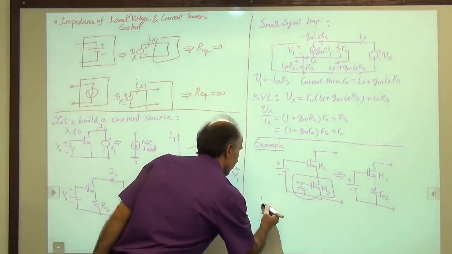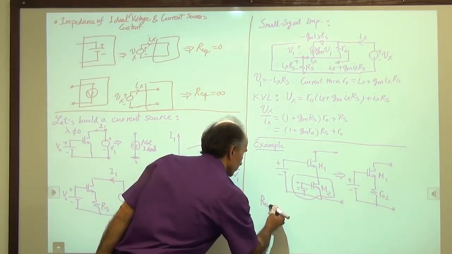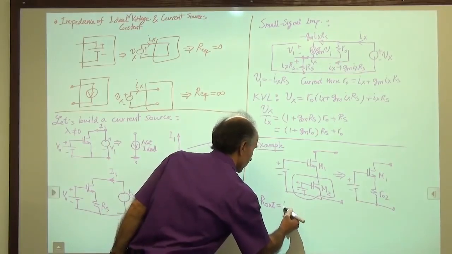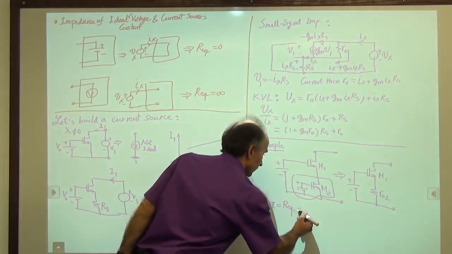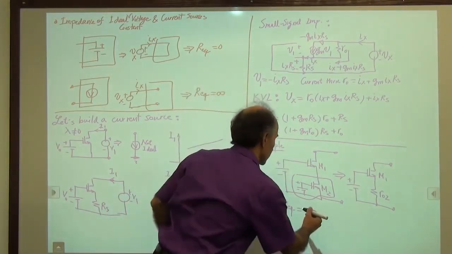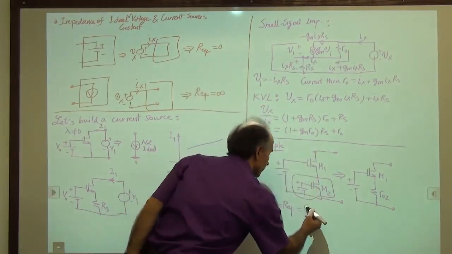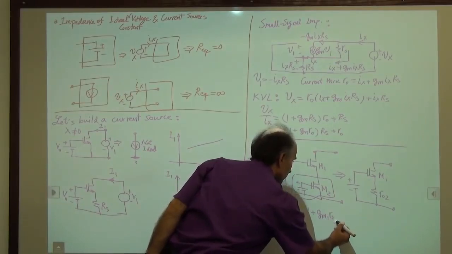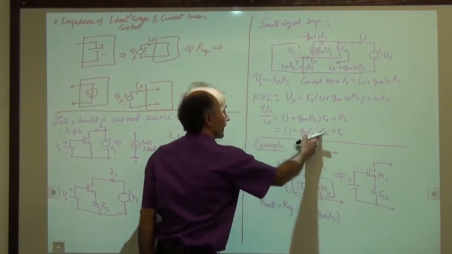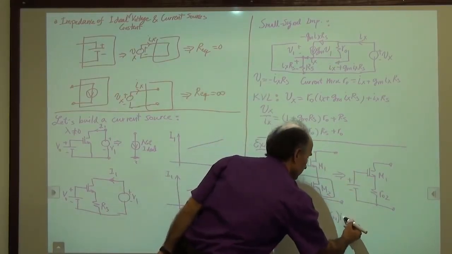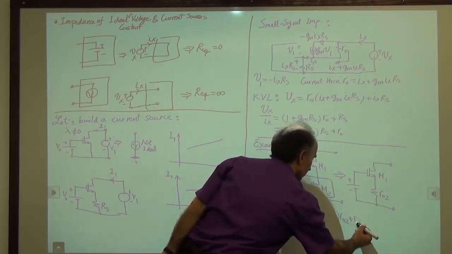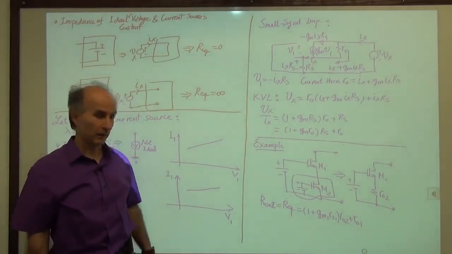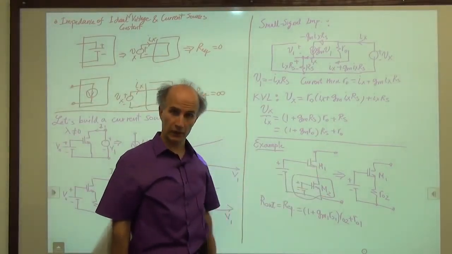So we say that Rout, or Requivalent, I guess I called it Requivalent before, is equal to this expression, or that, whichever you like. So 1 plus gm1 RO1 times RS, where RS happens to be RO2, plus RO1. So that is the output impedance of this strange looking structure.